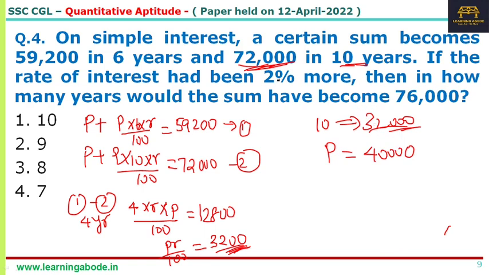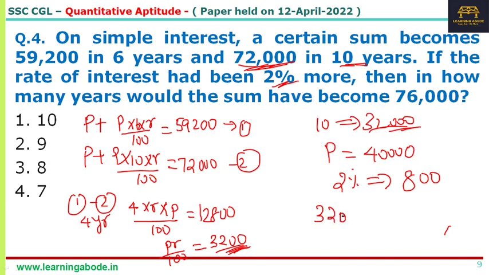Now what they are saying is that the interest would be 2% higher. In that case, every year, 2% on this would be 800.